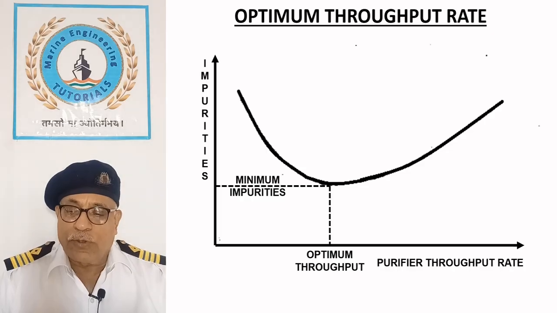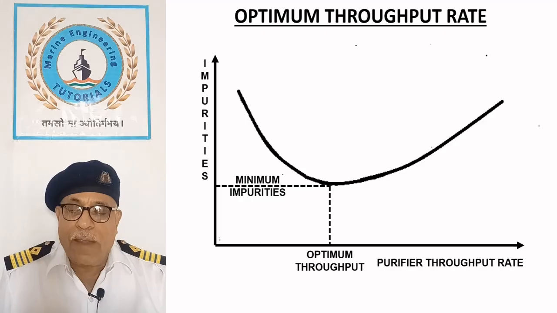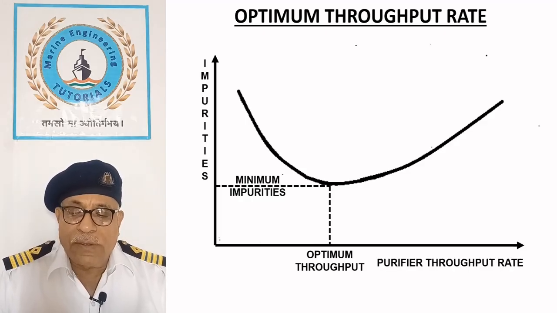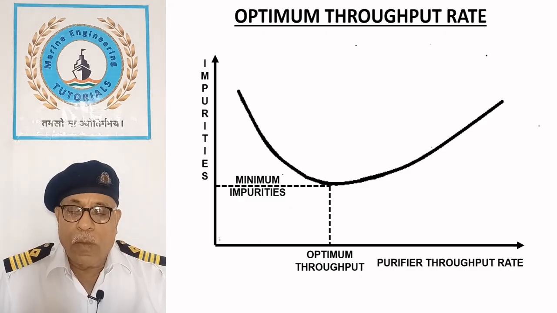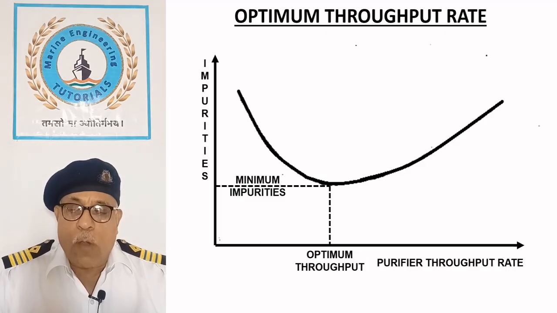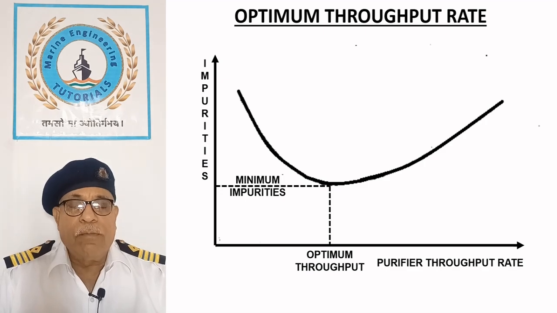During short port stays, lubricating oil is always kept operational as long as heating is available. In the case of fuel oil purification, the optimum throughput rate should be 5% above the engine fuel oil consumption so that the service tank level is steadily maintained.